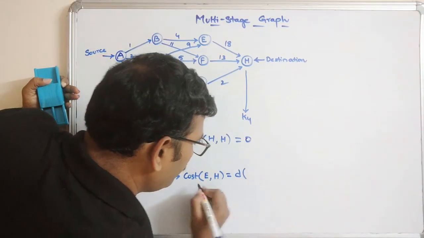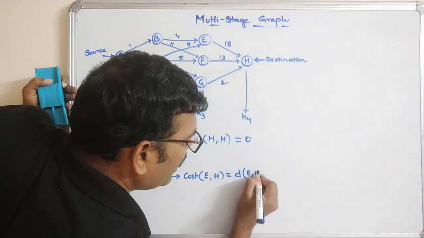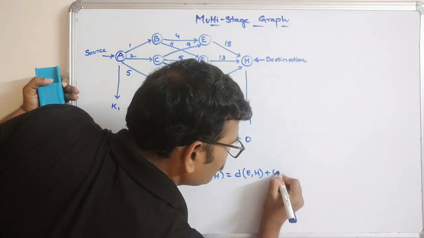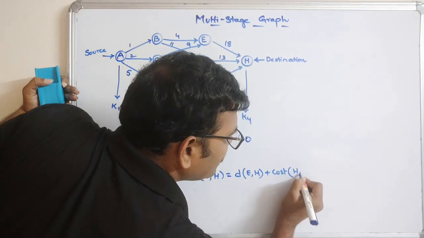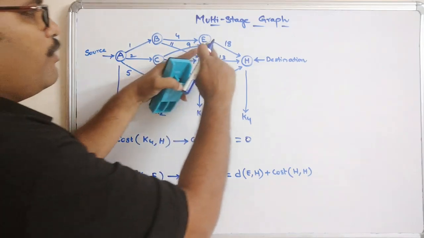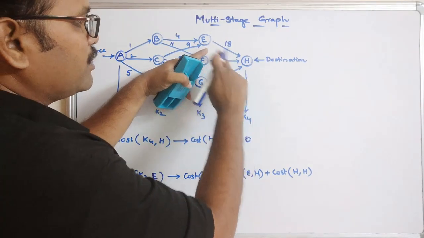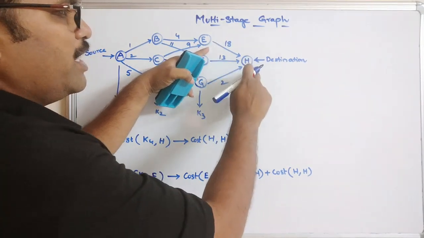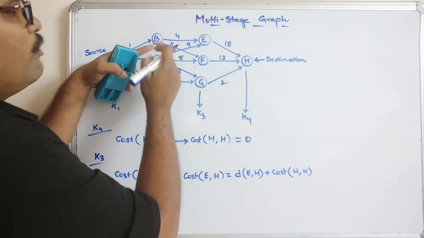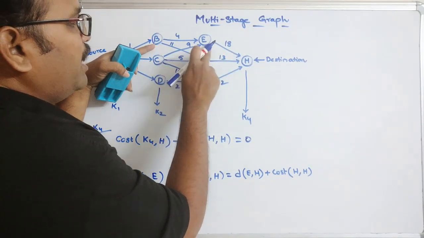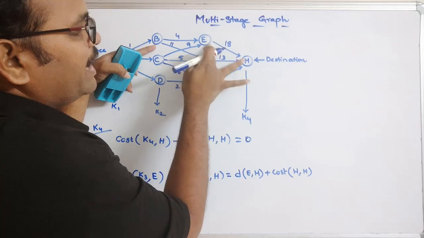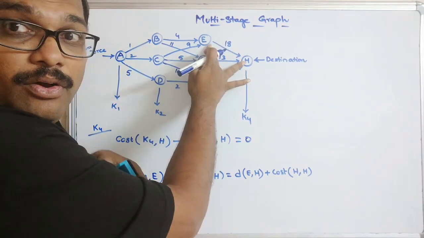The distance from E comma H plus cost of H comma H. So here we have the destination, so E to H and H to H. For example, if it is B, we need to find out the B to E plus the cost of E and H. Okay, hope you understood.